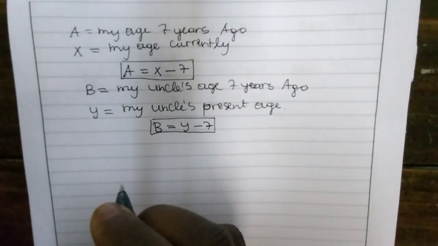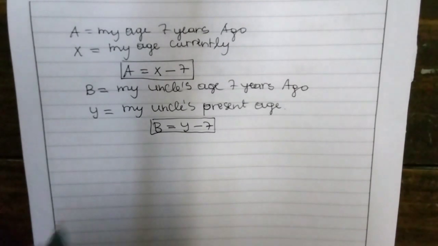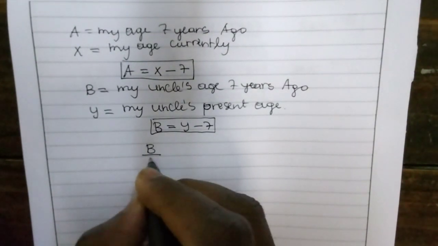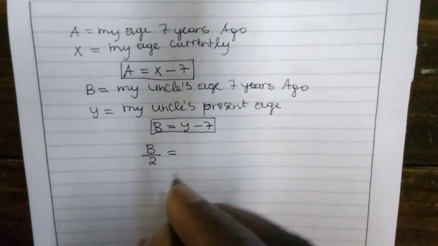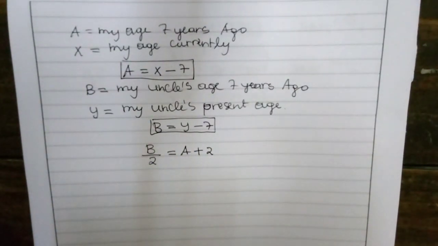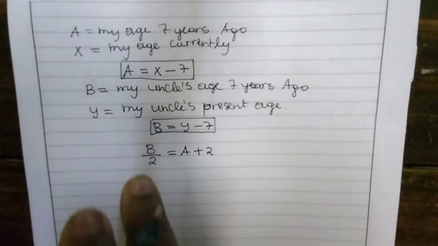Now the question says that 7 years ago, half my uncle's age was equal to mine plus 2 years. So we need to take that into consideration. Half the age of my uncle, which is B, 7 years ago was my age plus 2. Then I'm going to multiply both sides of the equation by 2.